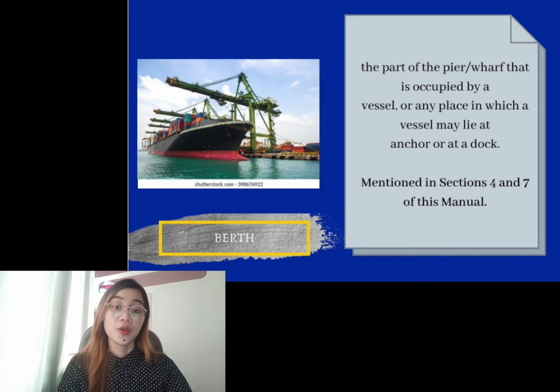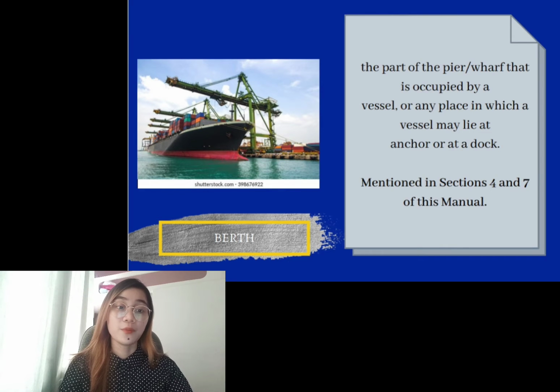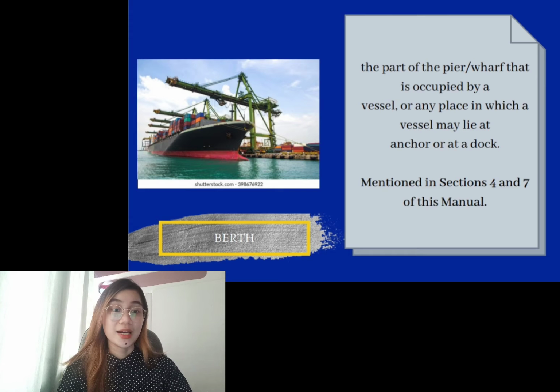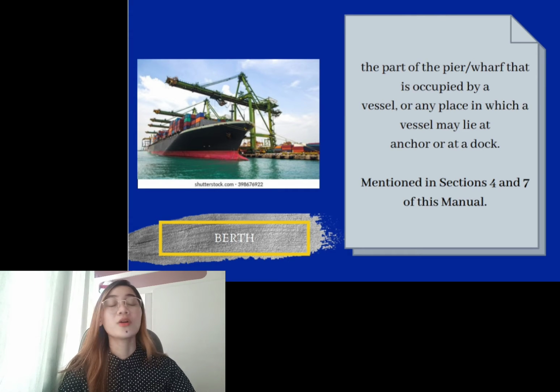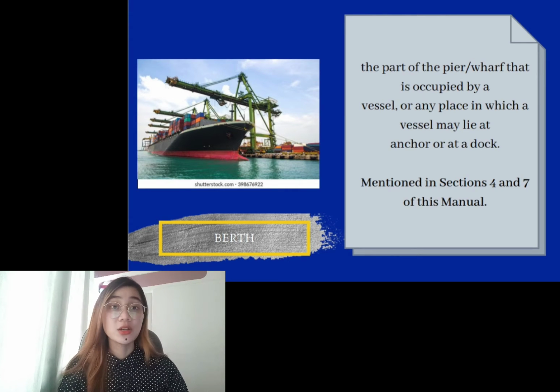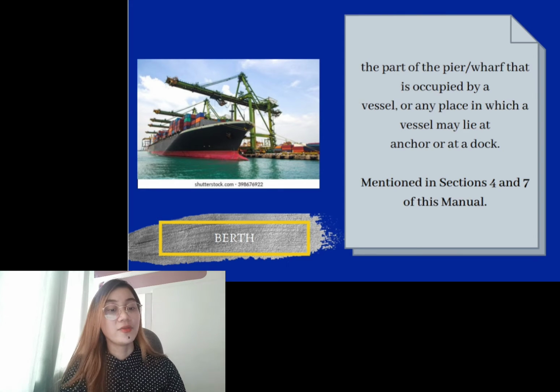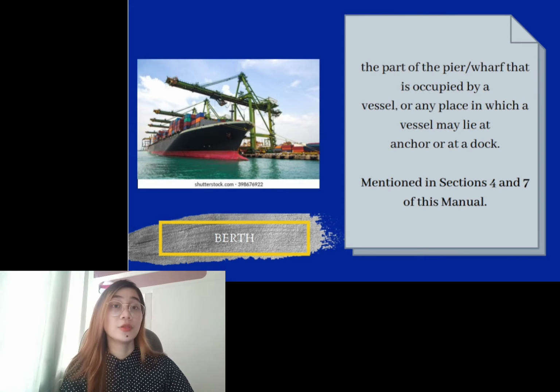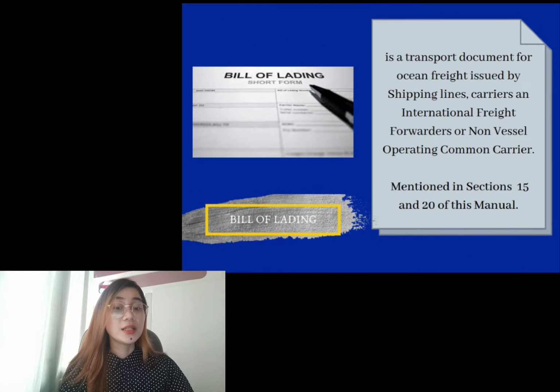Next is the berth. Berth is a part of a pier or wharf that is occupied by a vessel, or any place in which a vessel may lie at anchor or at a dock. It is mentioned in sections 4 and 7 of this manual. So this is what the berth looks like. And bill of lading.